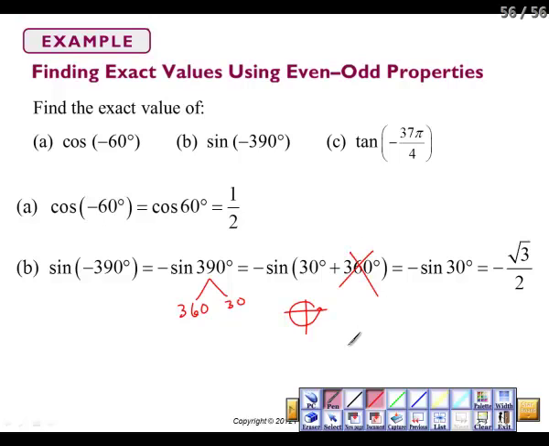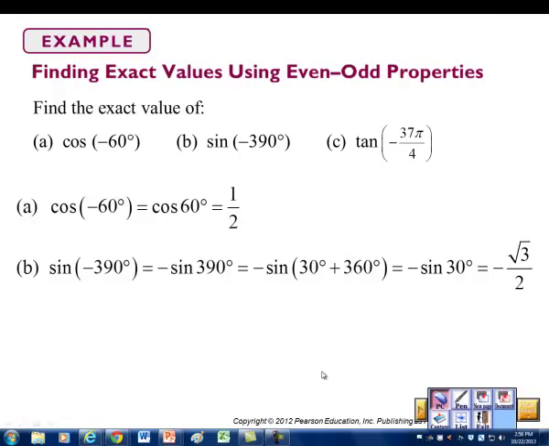We can just eliminate 360 altogether and just say sine at 30 degrees. And since we have sine at negative 390, we can move that negative out front of sine 390, and then we get negative sine 30. Sine at 30 degrees is 1/2, so that would be negative 1/2.